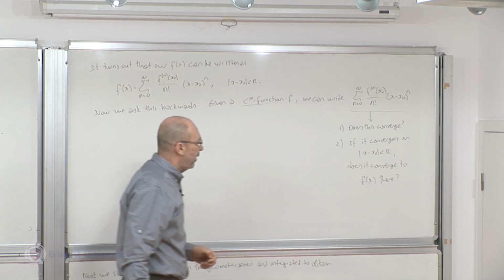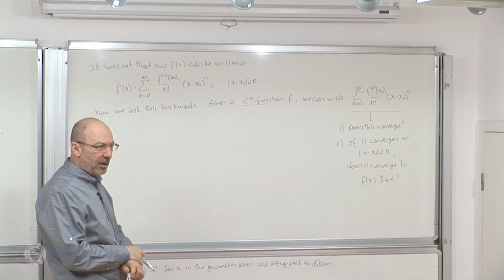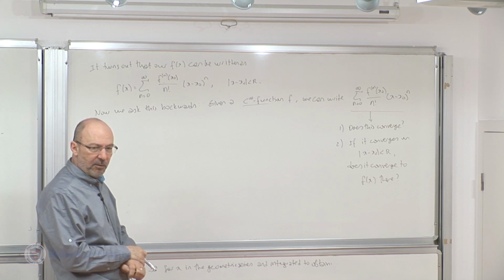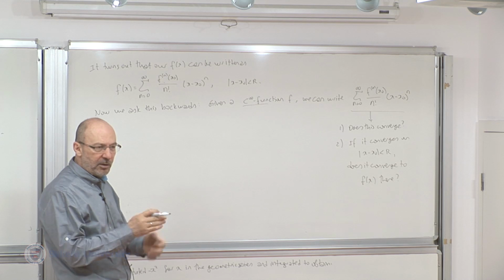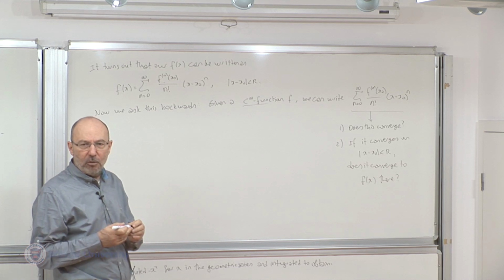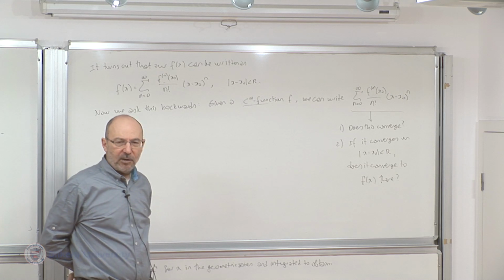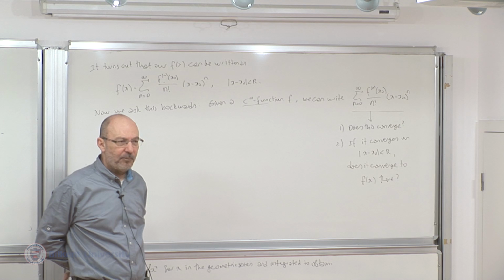So f of x may be defined on a larger interval, but the series may converge only on a small interval. Example: 1 over 1 plus x squared. That's a geometric series, so it converges only for the absolute value of x less than 1, but 1 over 1 plus x squared is defined everywhere on the real line.